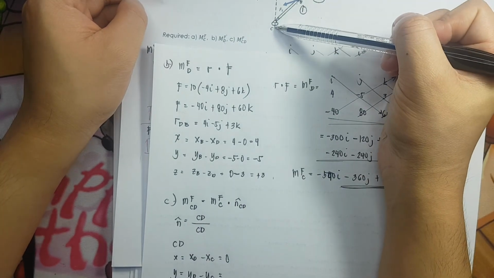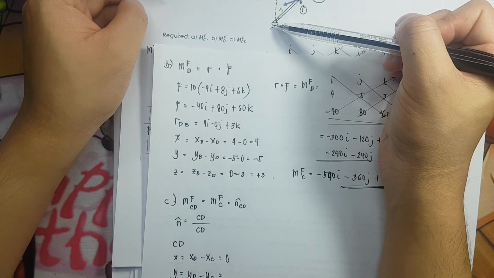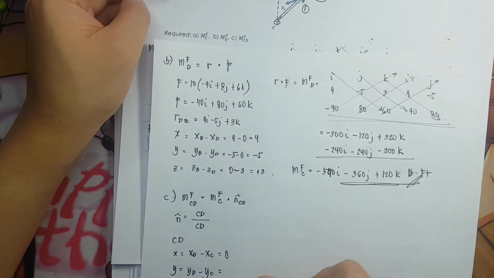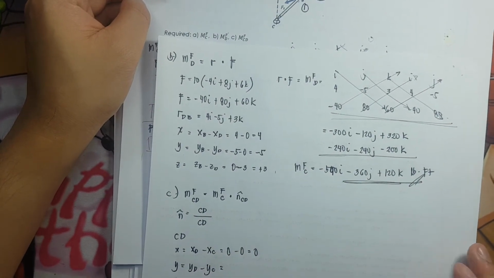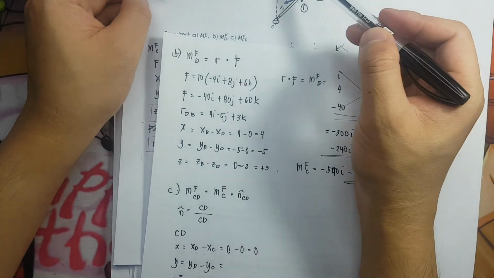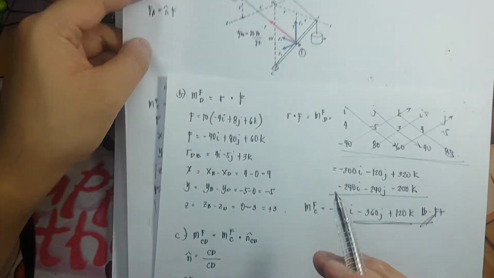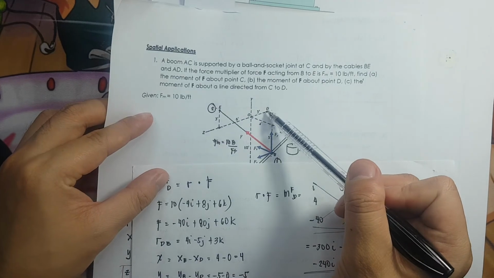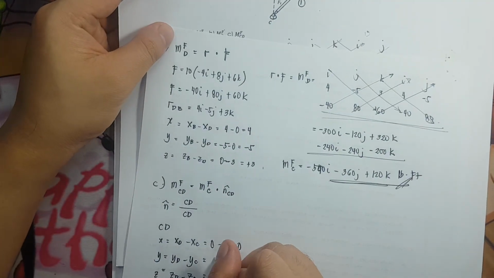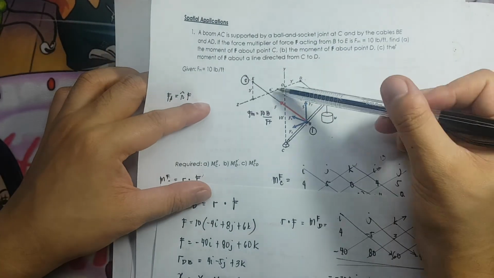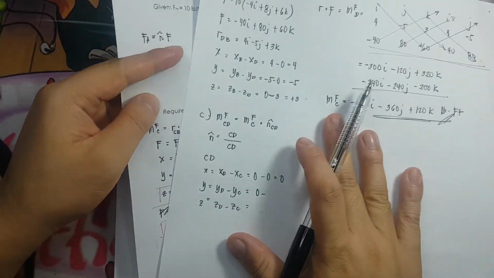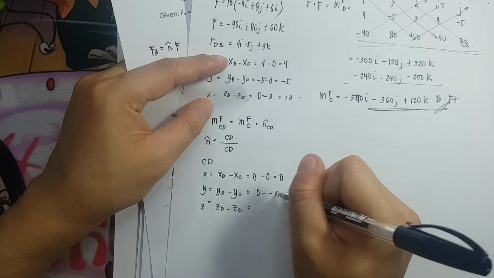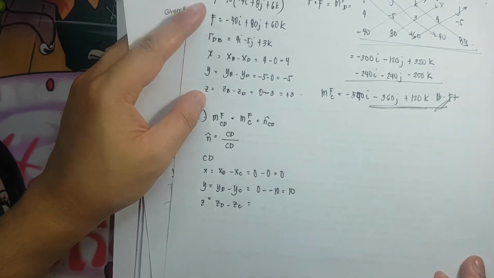X of C is also 0. Therefore, it is 0. Next, y of D is 0, we don't have a y at D. Minus y of C, which is negative 10. So minus negative 10, that is 10.